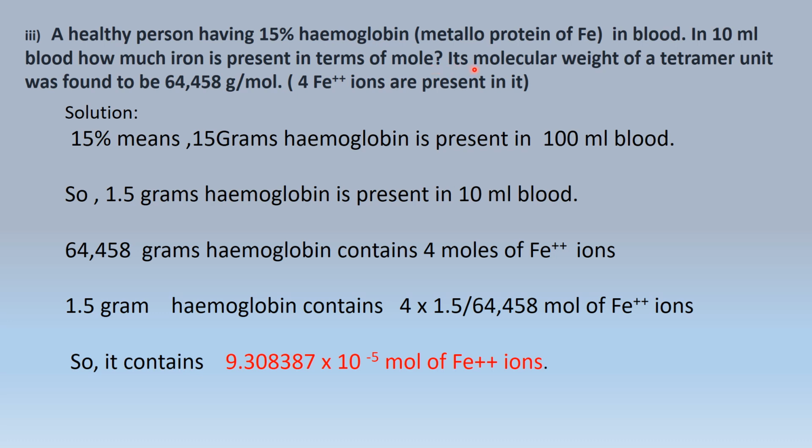It is given that the molecular weight is 64,458 gram per mole. It is a tetramer unit, so 4 ferrous ions are present in it. In 10 ml blood, that means 1.5 gram hemoglobin is present. 64,458 gram hemoglobin contains 4 moles of ferrous ions.